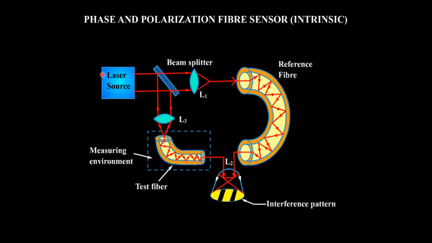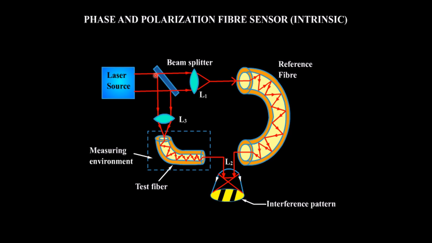The light from the source is split into two directions. One is transmitted, another one is reflected. The transmitted laser beam is focused onto the reference fiber. Due to total internal reflection, all the light gets totally internally reflected and will be available at the other end, which is made to fall on the photographic plate through the convex lens L2.